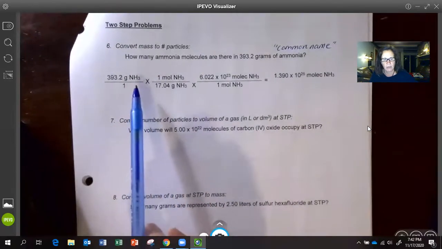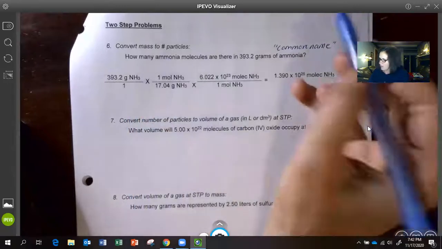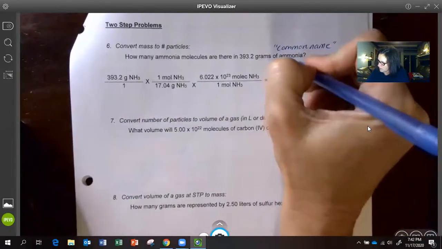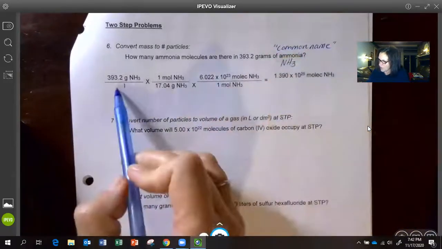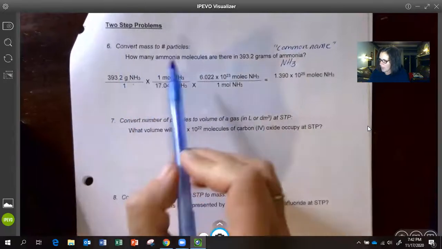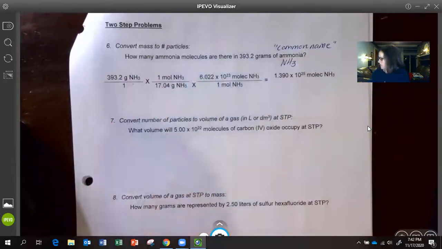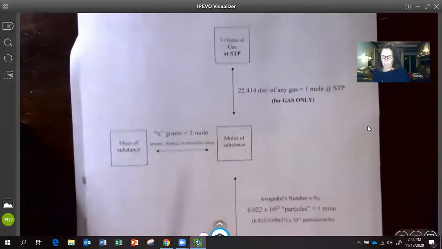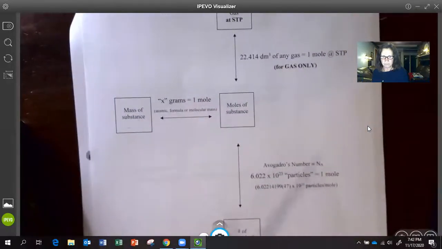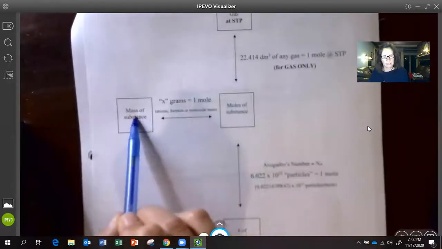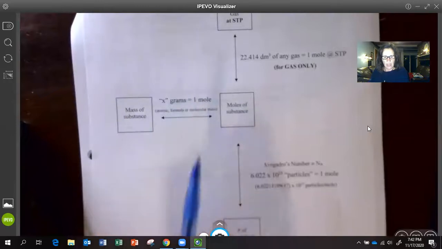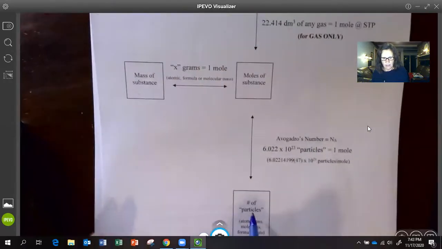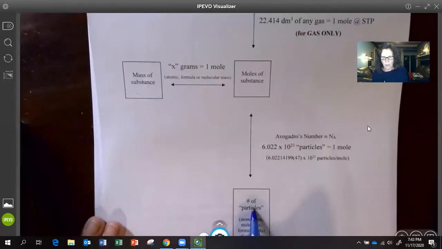Ammonia is NH3. So I want to know if I have 393.2 grams of ammonia, how many molecules of ammonia do I have? Ammonia is a molecular compound. So when I look at my mole diagram, I see I am at grams of ammonia, and I want to get down here to molecules of ammonia.